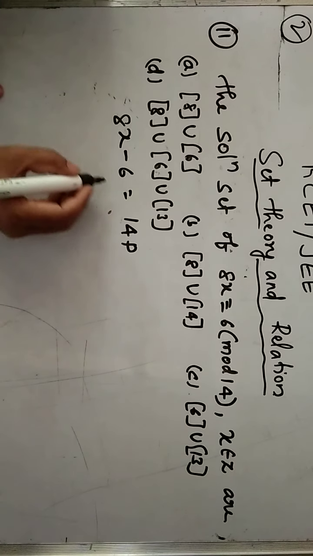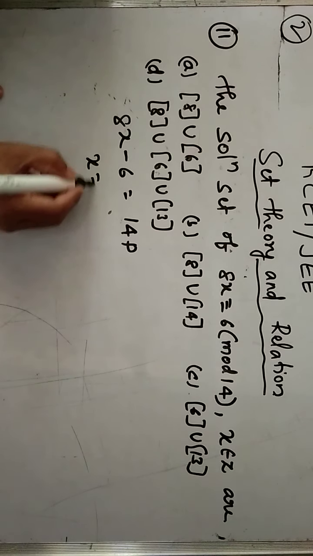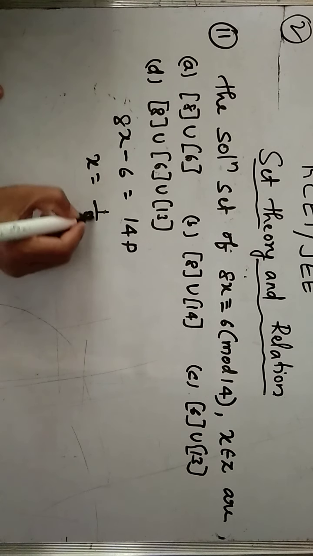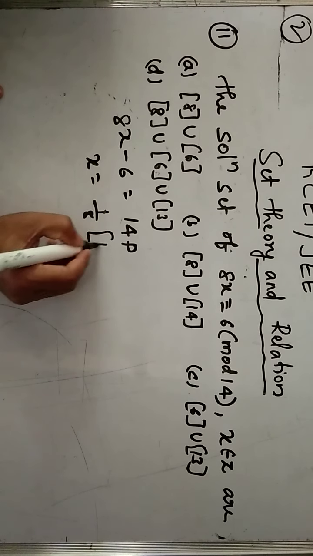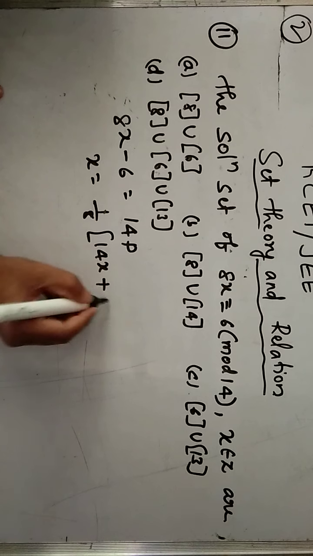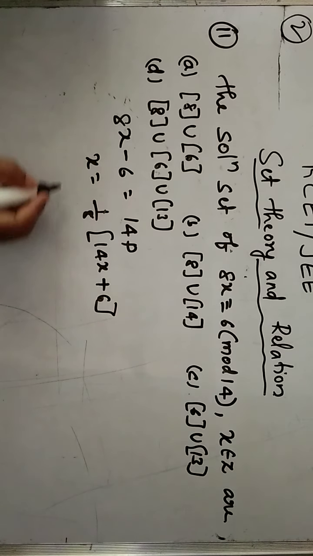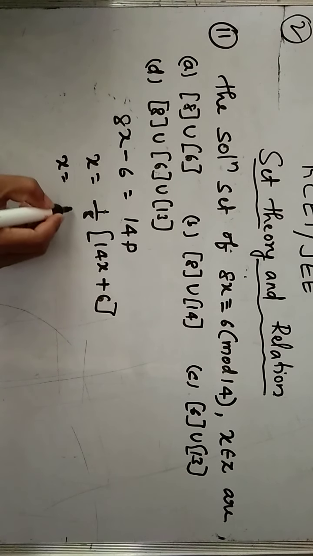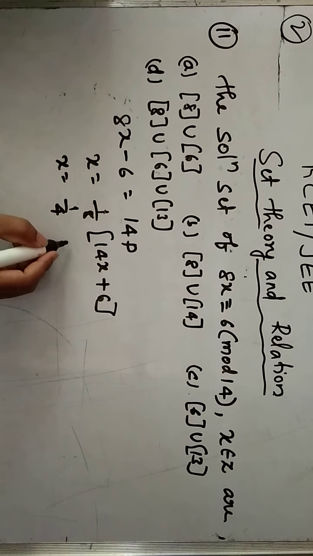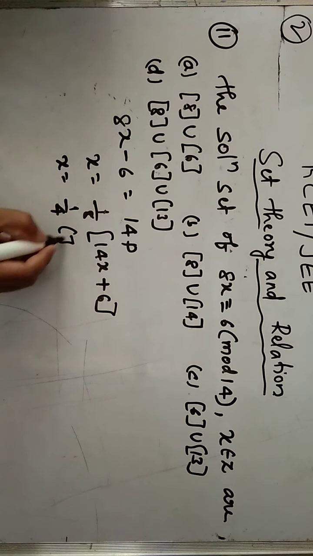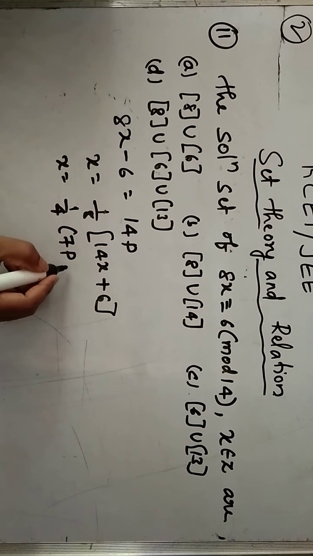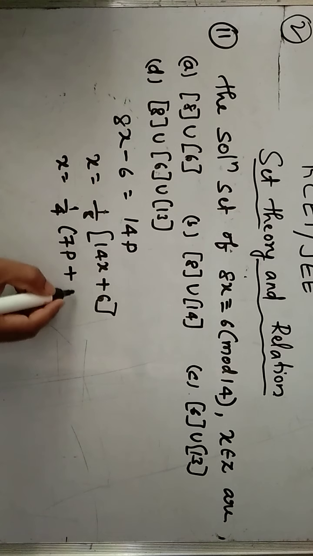Now if I simplify, x is equal to (14p plus 6) by 8. Again if I simplify, 2 I will take out, the 1 gets cancelled, then x is equal to (7p plus 3) by 4.